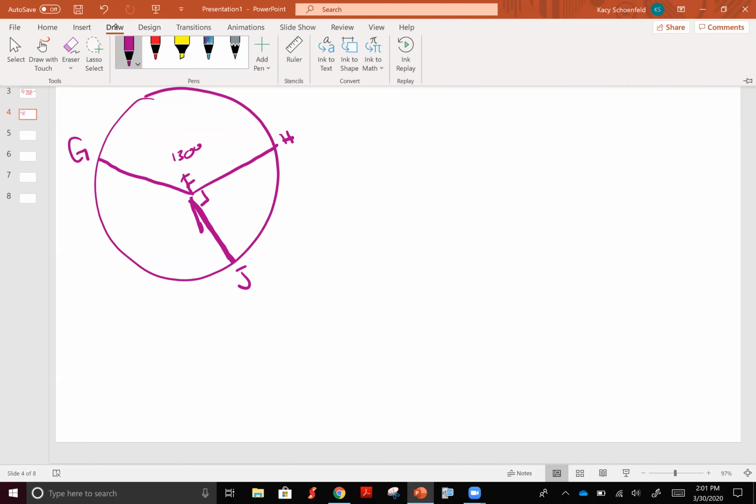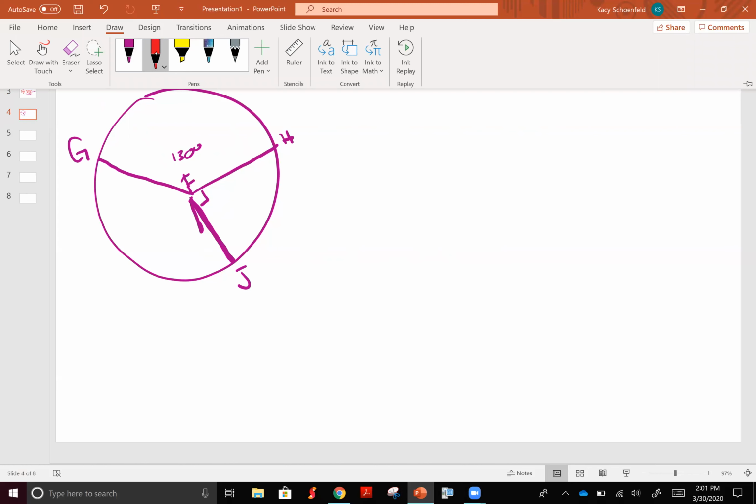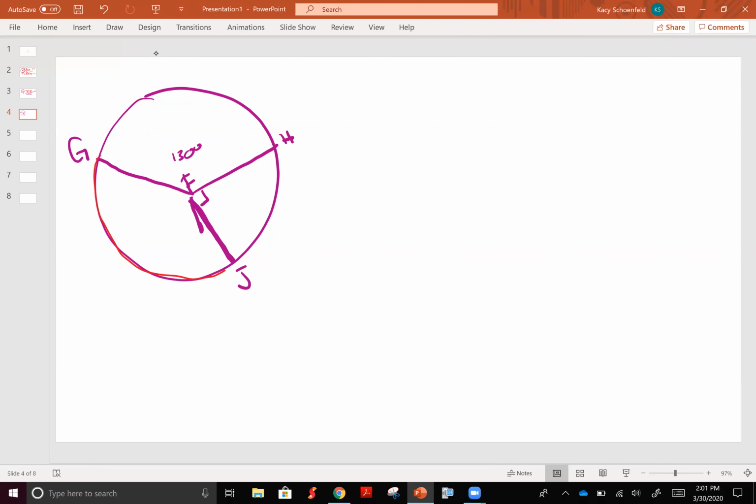If I wanted you to go from G straight to J, and I say mark GJ, I want you to go in the smallest possible way here. We could write the measure of GJ equals, we already found it, 140 degrees, right?